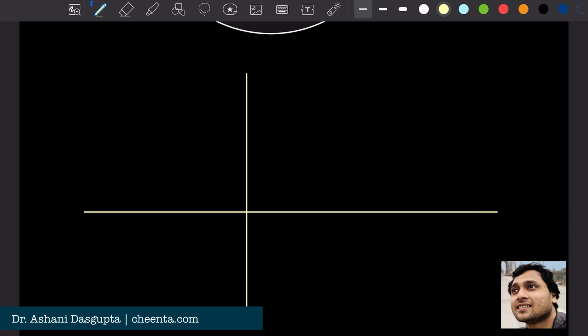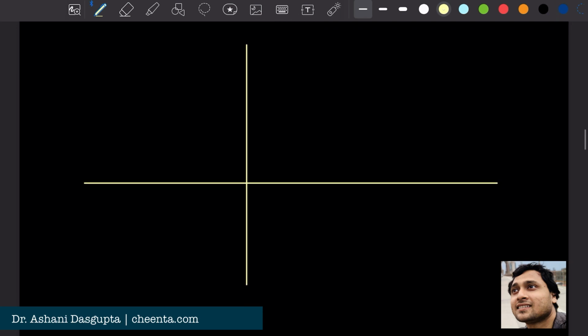So in this way, you can get all the points in the plane. How can you do that? Well, suppose you want to get this particular point on the plane as the output.